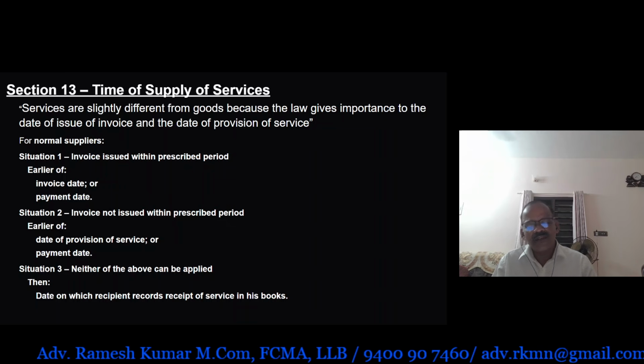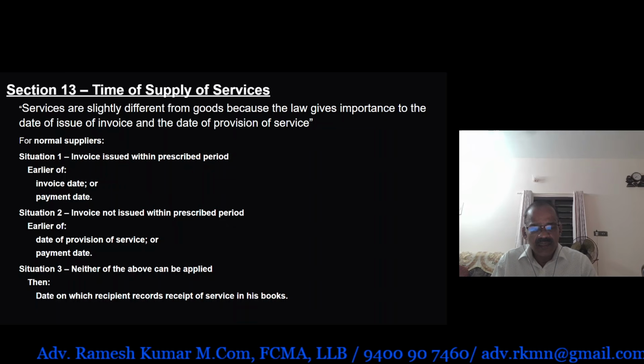Suppose service is provided on 10th August, invoice is issued late on 25th August, and payment is received on 15th August.